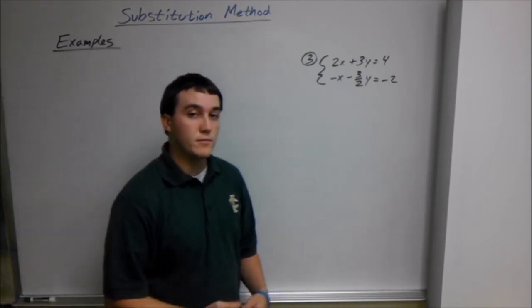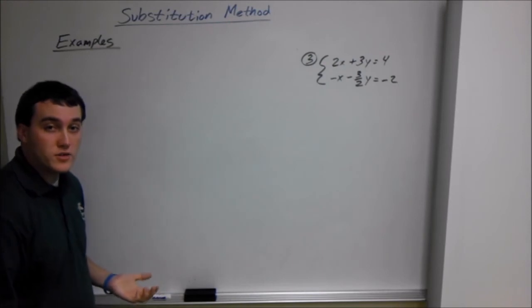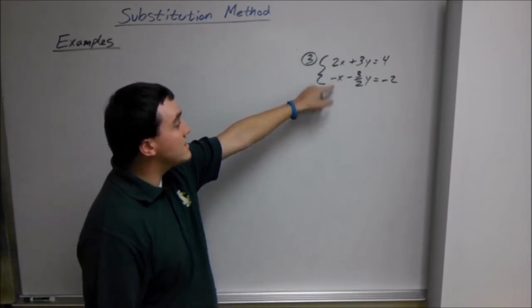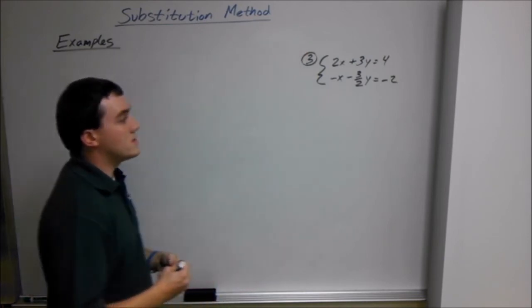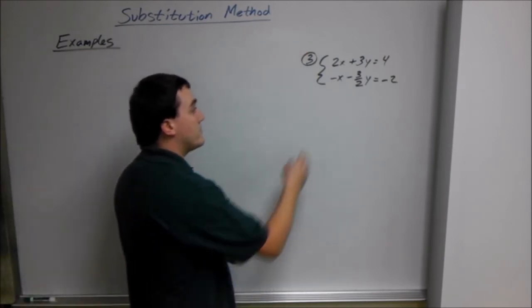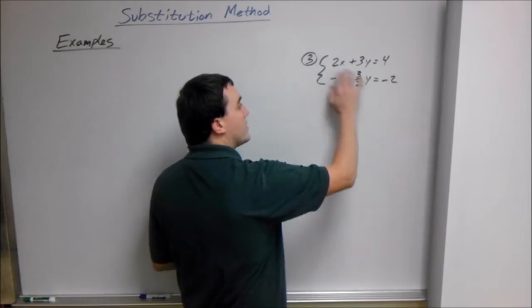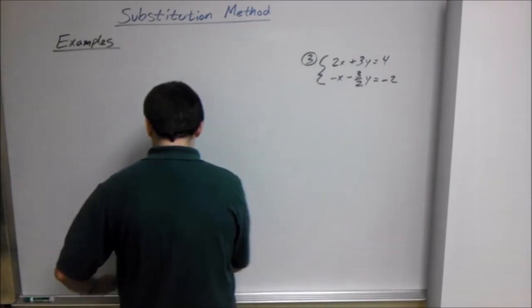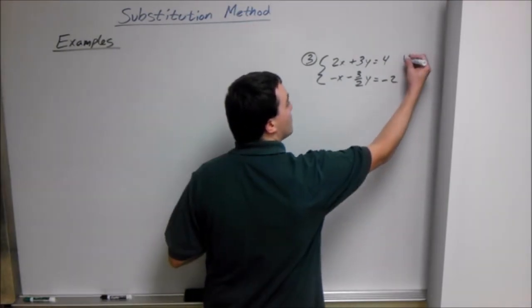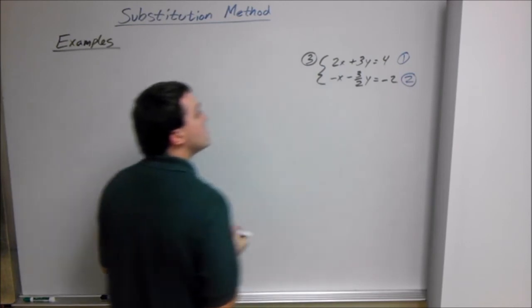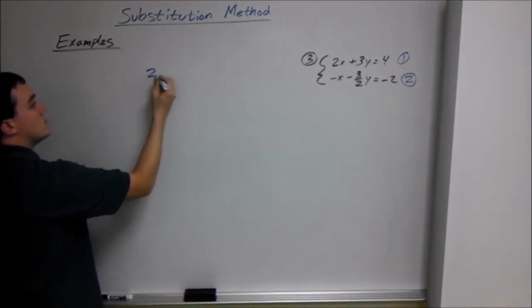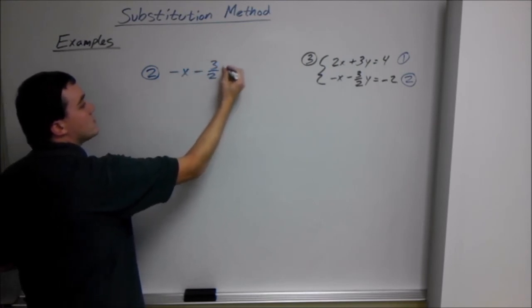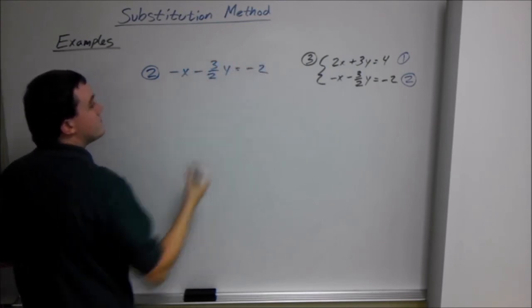Alright, last one, same process. First we have to solve for x or y. And like the last one, x is going to be the easiest thing to solve for because it's already almost by itself. We have negative x, and everything else has something in front of it. So let's call these equation 1 and equation 2. Let's take equation 2 and solve for x. Negative x minus 3 over 2 y equals negative 2.